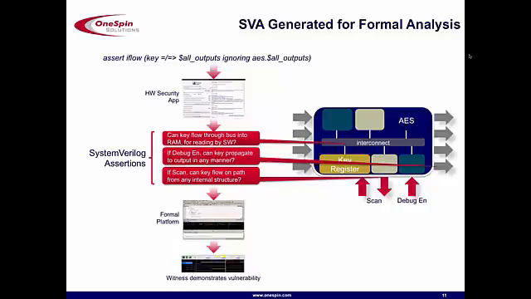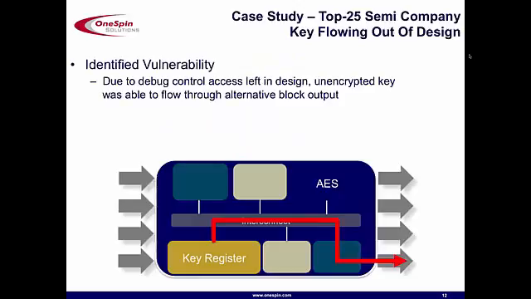And in this case, of course, there was in fact a vulnerability where a debug mode had been left in the device that was unexpected, and there was a path from the key to one of the extra outputs, not through the AES, when the device was being booted.